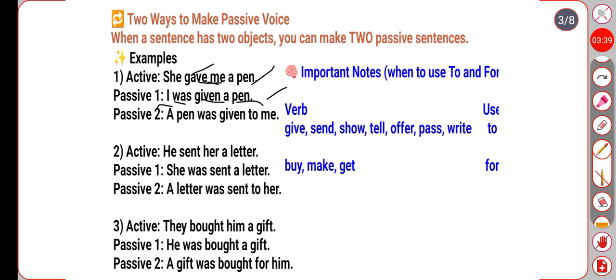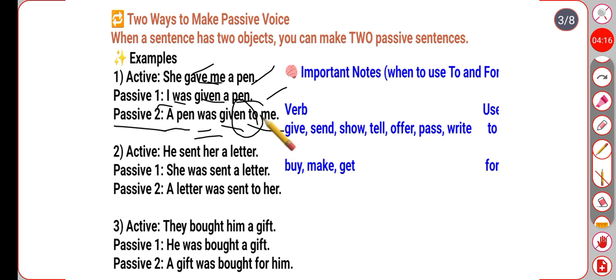But in the second form, when you convert with the direct object, here it is given with an example. This is a bit different from the indirect one. A fan was, as I already told you, this is past tense. That's why the auxiliary verb was came out, and given to me.